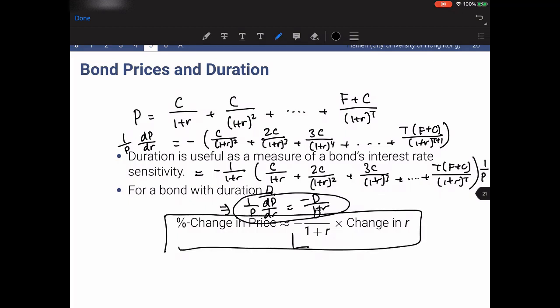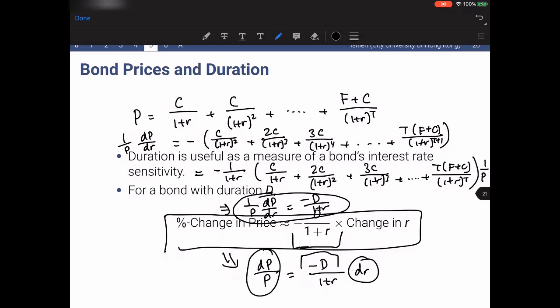Or to be more precise, this is saying dP over P is equal to negative D divided by 1 plus r times dr, right? The dr is the change in r. Percent change in price is this term here, okay? So what we did is showed that duration is basically directly related to the sensitivity of bond prices to changes in interest rates. Okay?